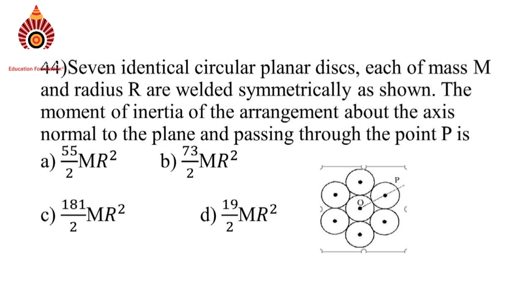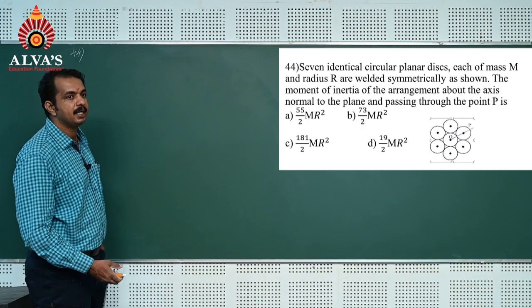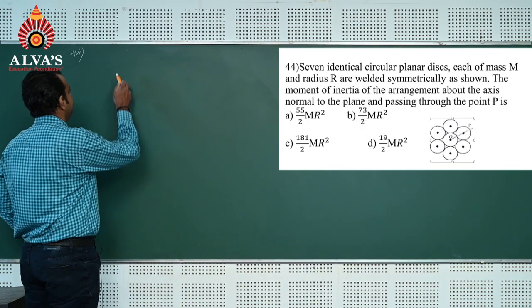Question 44. 7 identical circular planar discs, each of mass m and radius r, are welded symmetrically as shown. The moment of inertia of the arrangement about the axis normal to the plane and passing through point P is asked. Here there are 7 circular discs.